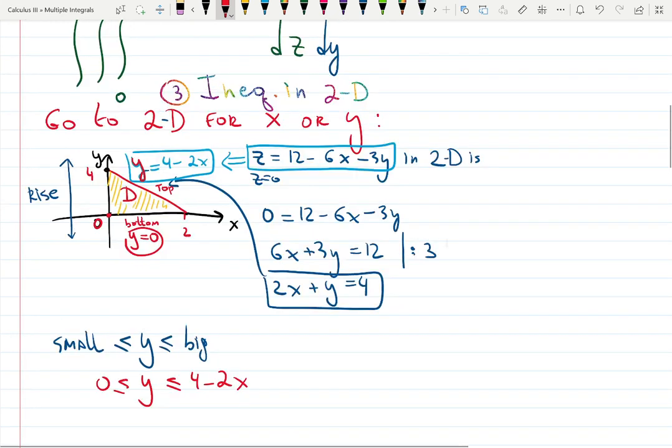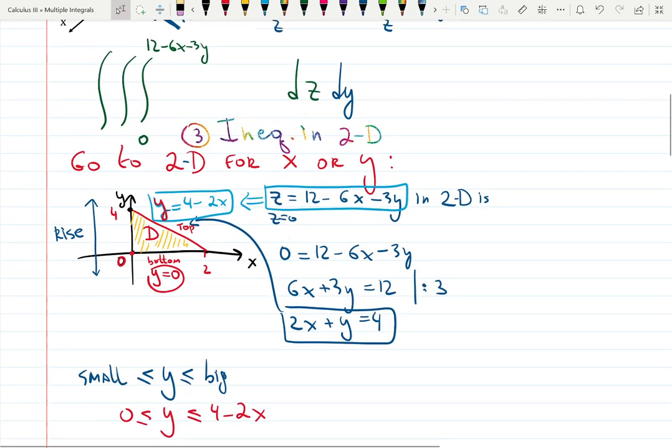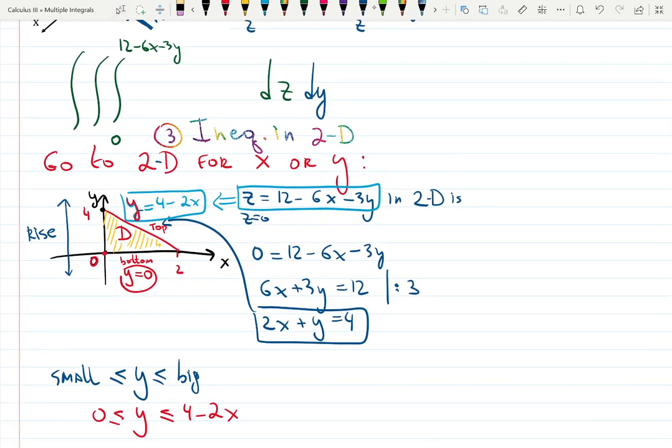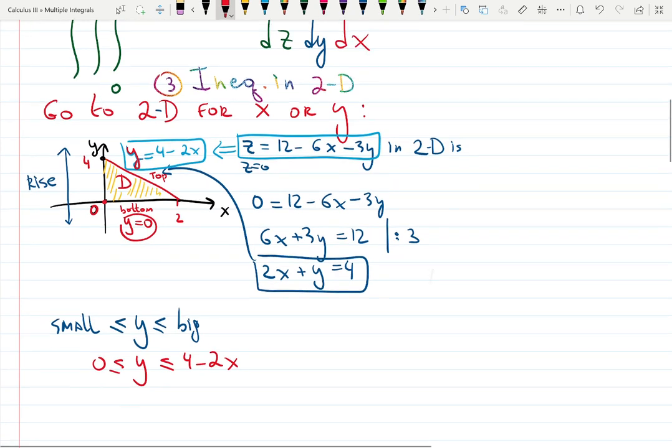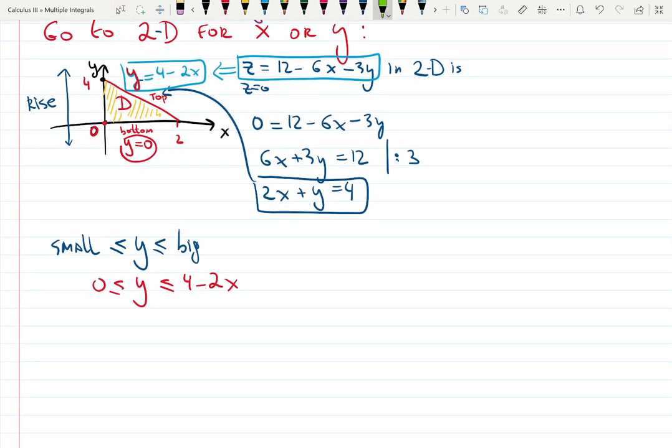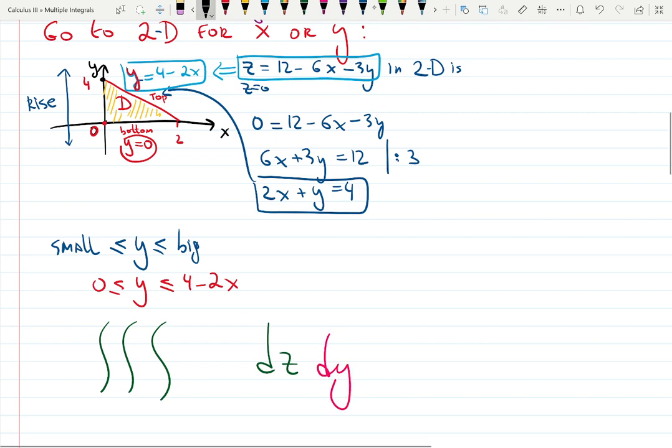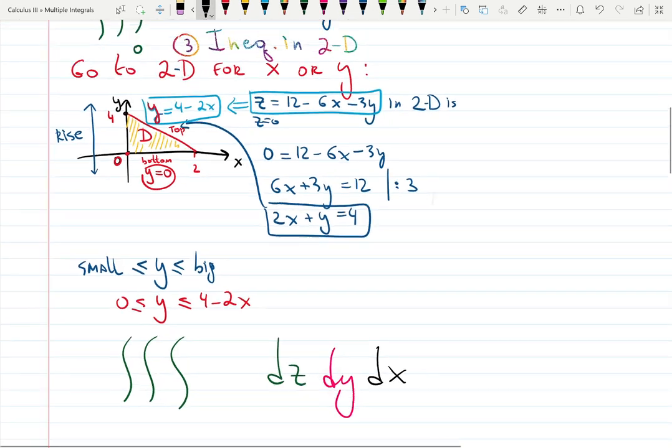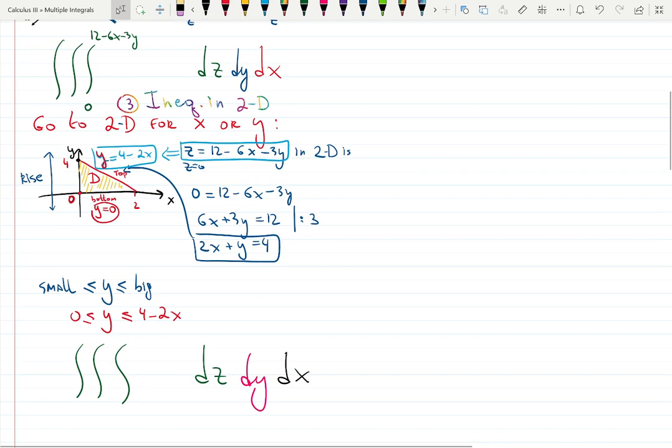So the second part of the integral, dy. So dy dx, right? Let me write down every new thing. Integral, we did the z. Now we're doing dy, and then we're going to finish with dx. dz was 0 to 12 minus 6x minus 3y.